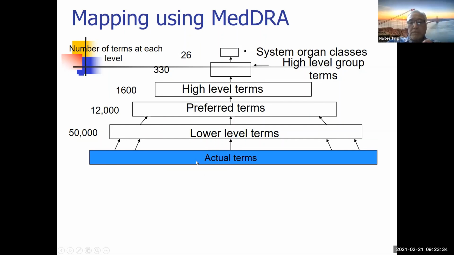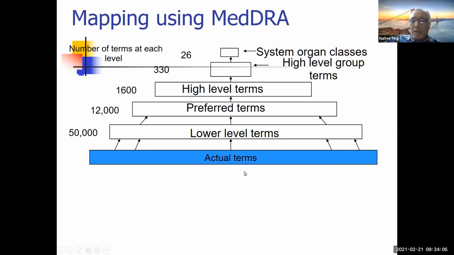All right, let me describe this to you in terms of the actual terms. That's what you collect from the CRF, the case report form. The patient may report headache, nausea, vomiting, or upper left shoulder pain or something like that. So the physician or the study nurse will have to record this on the case report form. Whatever wording they put there is the actual term.